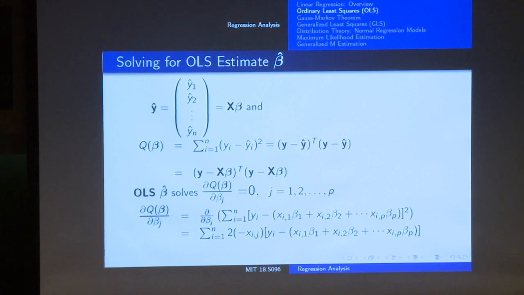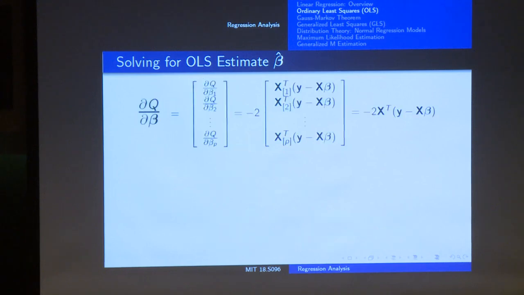So we get 2 times minus x_ij, times the thing in square brackets, y_i minus that. And what is that? In matrix notation, if we let bold X sub j denote the jth column of the independent variables, then this is minus 2 times the jth column of X transpose times (y minus X beta). So this jth equation for ordinary least squares has that representation in matrix notation.